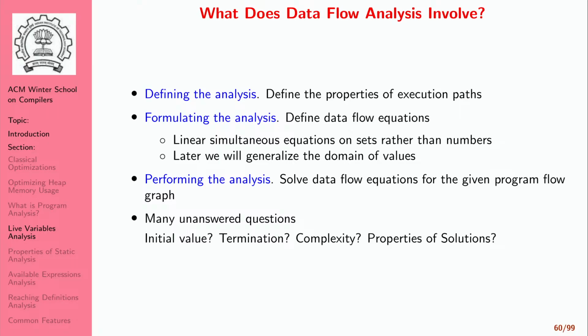Fixed point of a function f. So what is the fixed point of a function? Mathematically, fixed point of a function f is some value x such that f(x) is equal to x. So when you have an iteration after which you get the same value, you have reached a fixed point. That's the technical name for it.